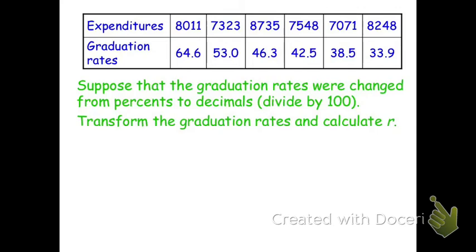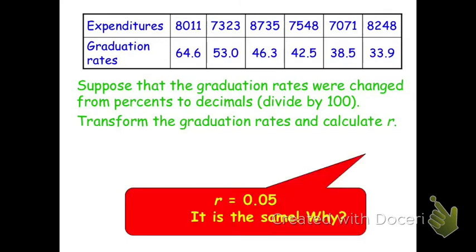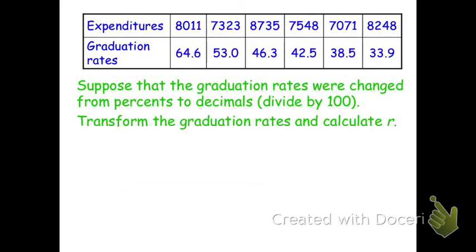Now, suppose that the graduation rates were changed from percents to decimals. So I'm going to change all of my 64.6 to 0.646, my 53% to 0.53. So go ahead in your L2 and change all of these from percents to just proportions.